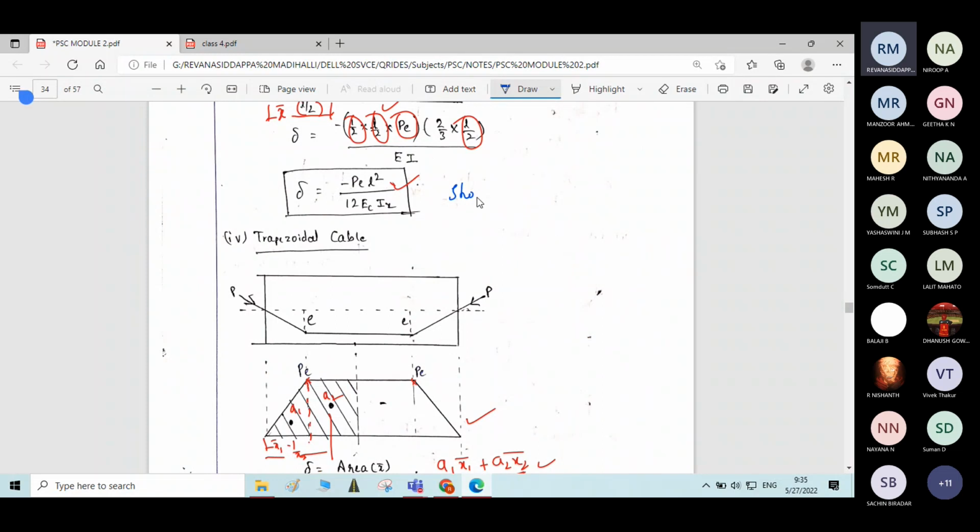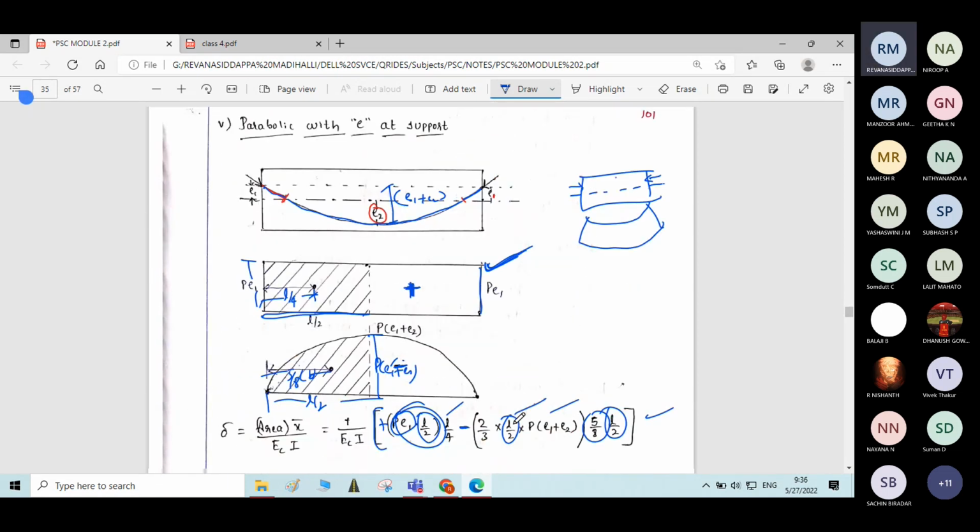The short-term deflection is the sum of the deflection due to dead load plus the deflection due to live load plus the deflection due to prestress. So this is how we find the short-term deflection.